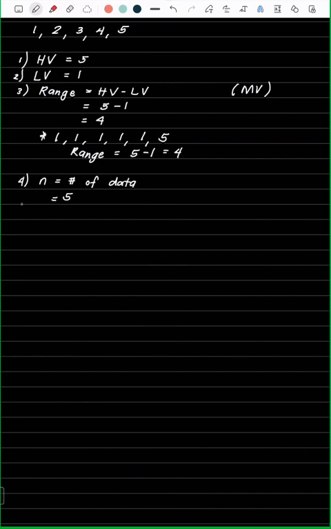The next would be determining what we call our mean. The solution for our mean would be the summation of all the x over n. What do we mean by summation? From the word sum, you're just going to get the sum of all the x, and those x are your data.